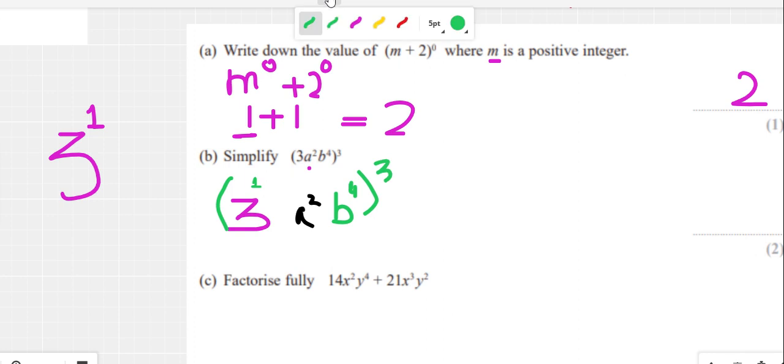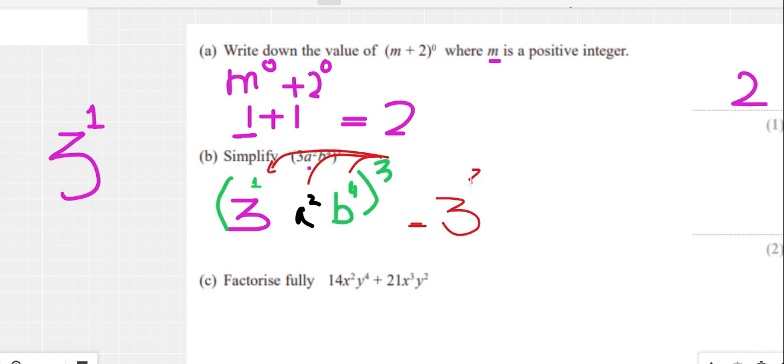Now in the next step, I will multiply 3 with the power inside each term. So 1 times 3 is 3, so the power becomes 3.